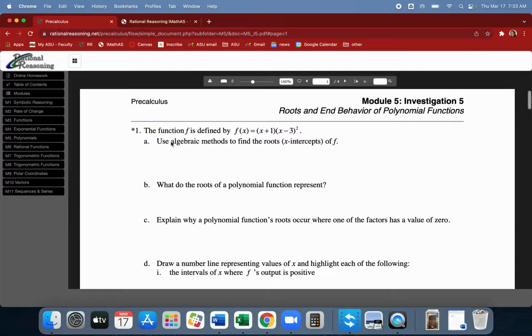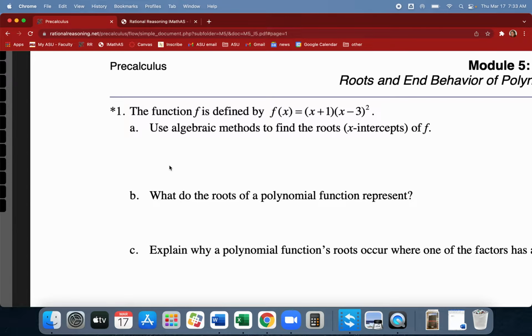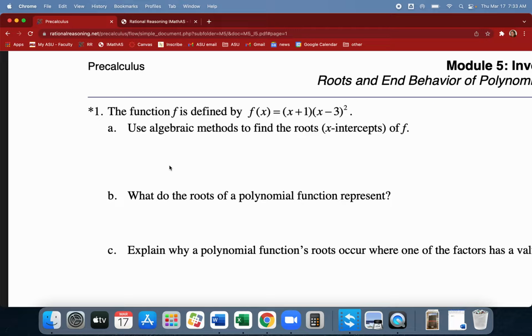But looking at this the other way around, let me just make this a little bigger. If I have a function f that's defined f of x equals x plus 1 times x minus 3 squared, kind of going the opposite direction from what we were doing in class on Tuesday. If I know what the factors are, I should be able to find the roots or the x-intercepts, horizontal intercepts of this.